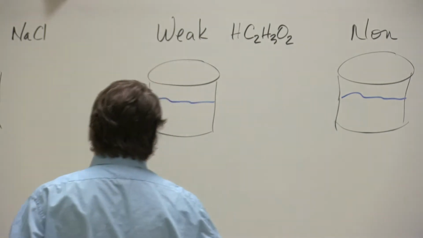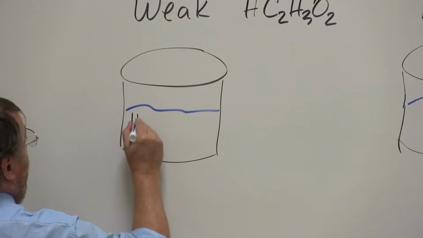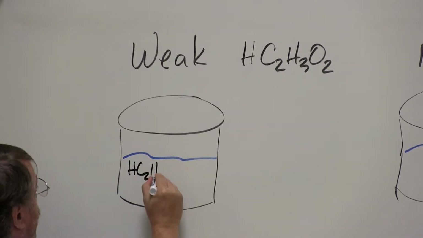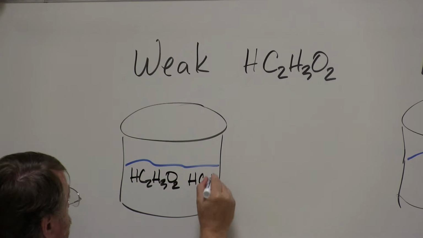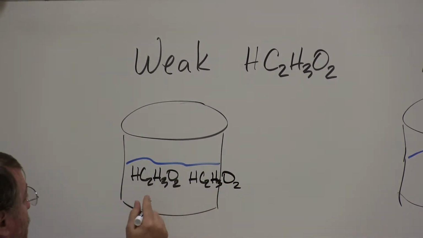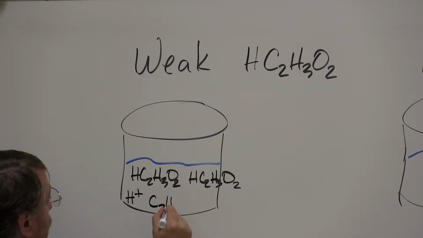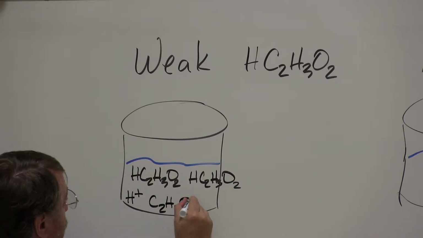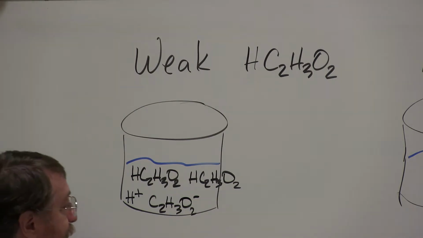So a weak acid is going to make H+ and C2H3O2-, just not very much of it. If we represent a lot of different HC2H3O2, most of the time the H is bound into the acid, but there will be some small amount of the actual ions produced in the water. Very small amount, reaches what we call equilibrium.